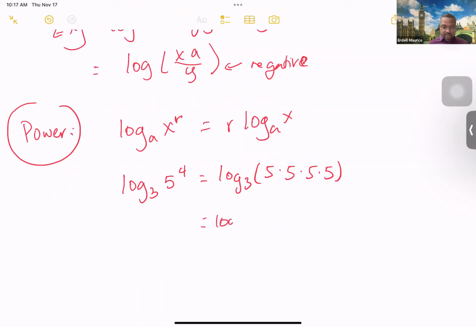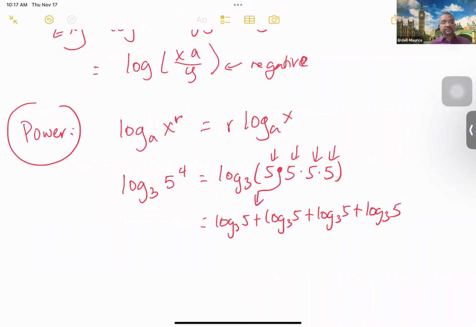And so this is going to be log base 3 of 5 plus log base 3 of 5 plus log base 3 of 5 plus log base 3 of 5, right? They're going to be 1, 2, 3, 4 logarithms, all log base 3 of 5. The multiplication becomes addition, but there are 4 of them. And so this is simply going to be 4 times log base 3 of 5.